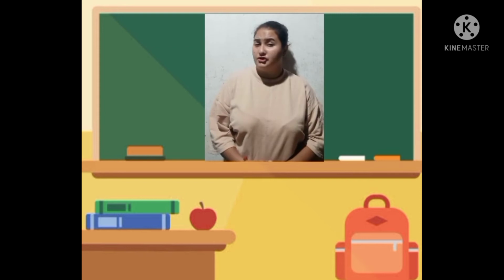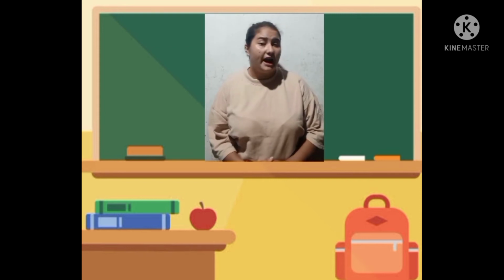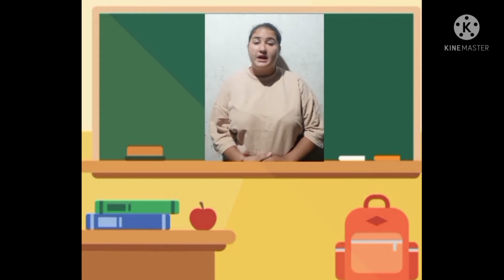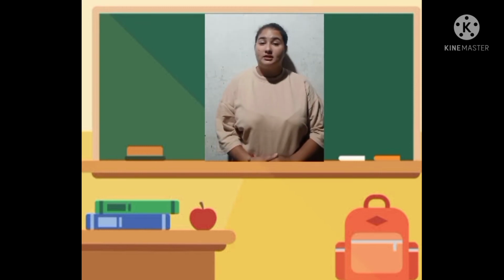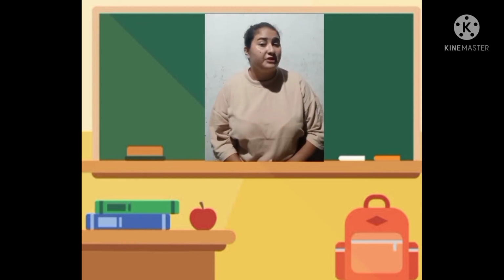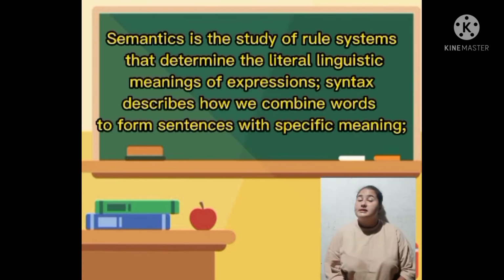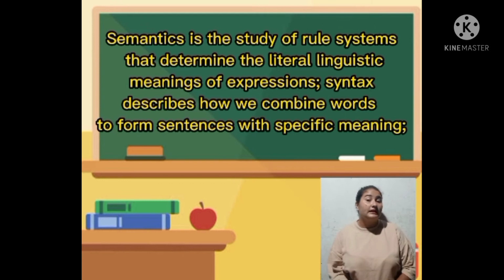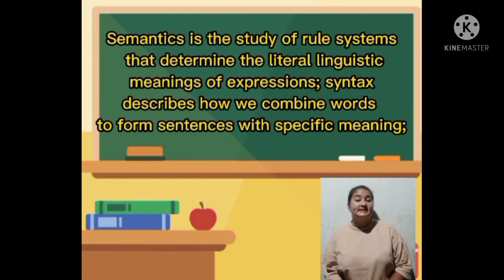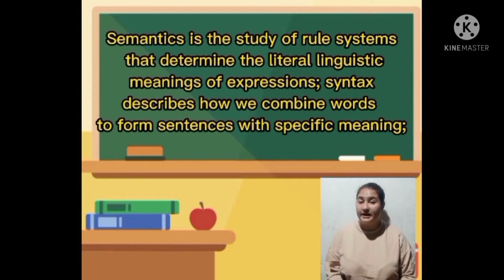People often associate pragmatics with other areas of linguistic study, such as semantics, syntax, and semiotics, but these terms have different definitions. Semantics is the study of rule systems that determine the literal linguistic meanings of expressions. Syntax describes how we combine words to form sentences with specific meaning.